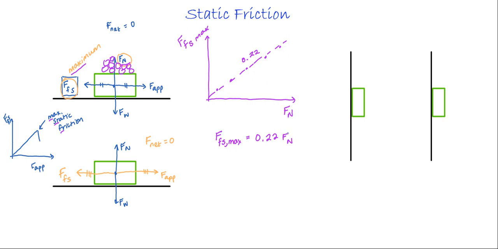Now, why do we have normal force here and not force weight? Well, I'm going to take you over to an example here on the side and take a look at the relationship between normal force and maximum static friction rather than weight force. Because you might think, well, a heavier object is going to have more static friction when I try to push it, or a greater maximum value.